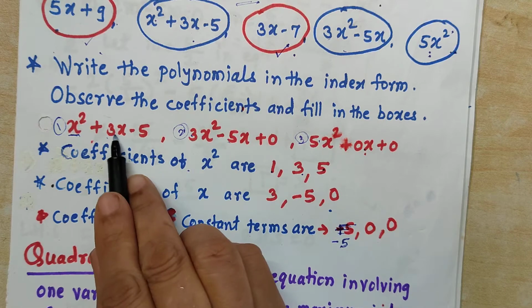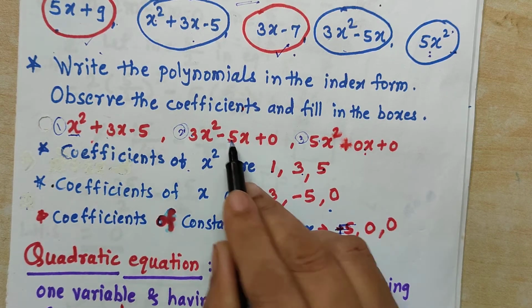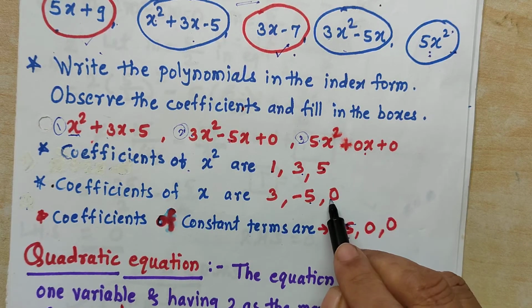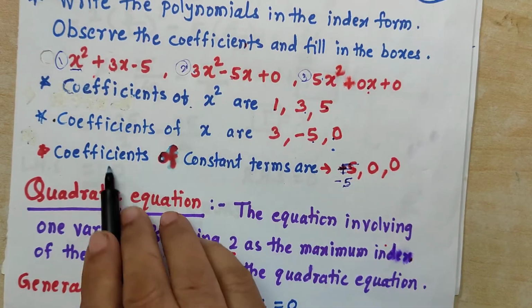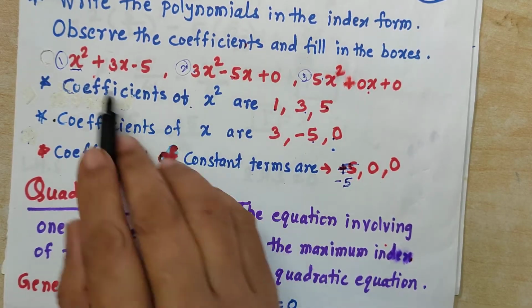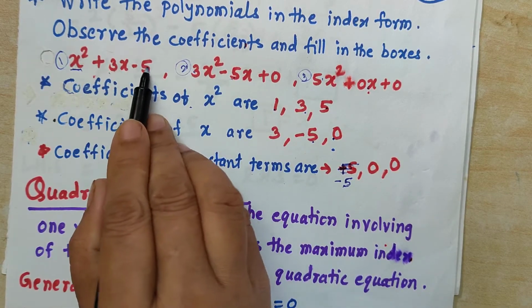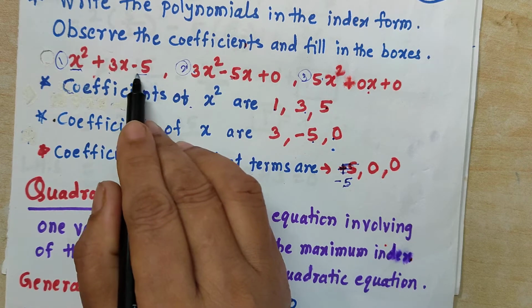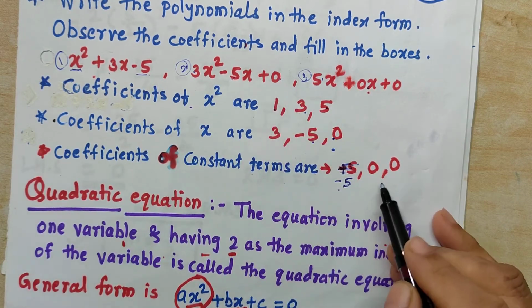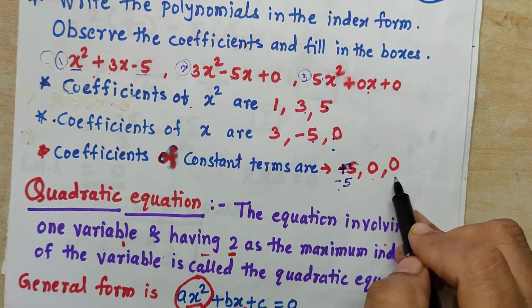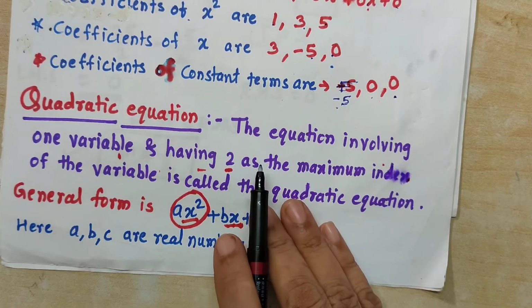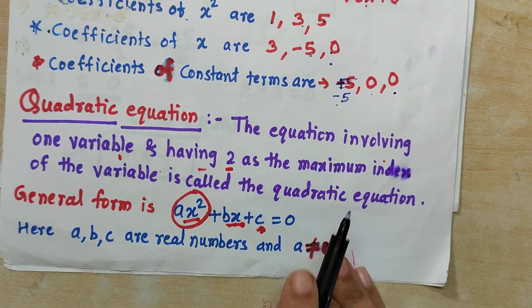Coefficients of x: here 3, in the second -5 and in the third 0. Now the coefficients of constant terms: in the first quadratic equation -5, in the second 0 and in the third also 0.